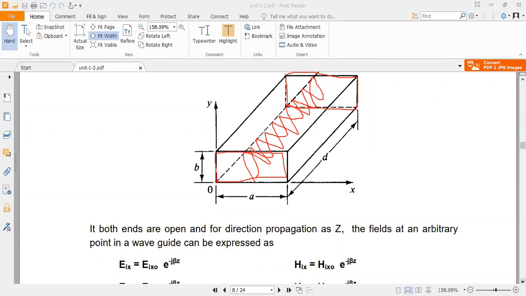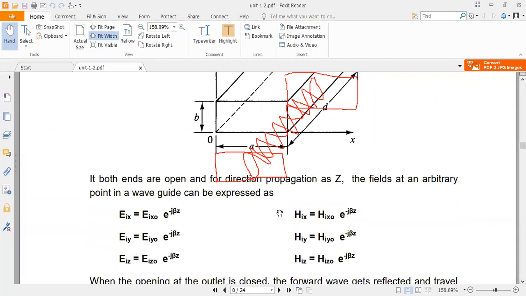What are these expressions? E_x means the wave which is in the x direction. Since we are assuming that the wave is propagating in the positive z direction initially, E_x is equal to E_x0 times e power of minus j beta z. Here you have to remember one point.